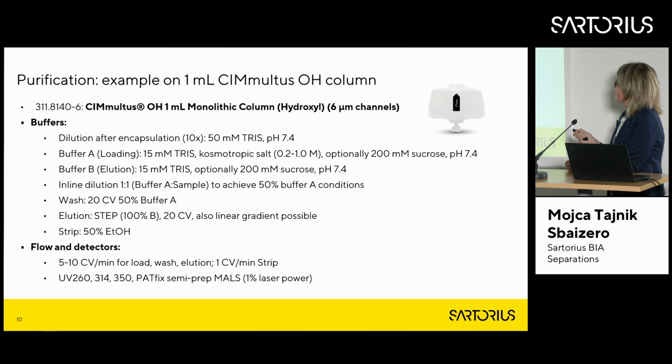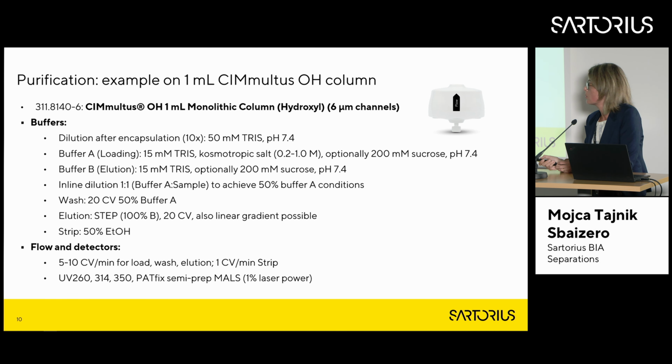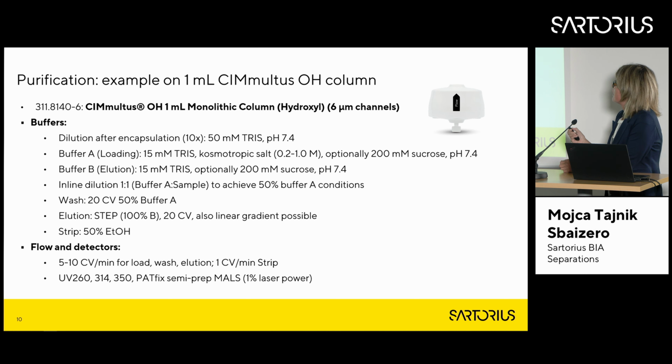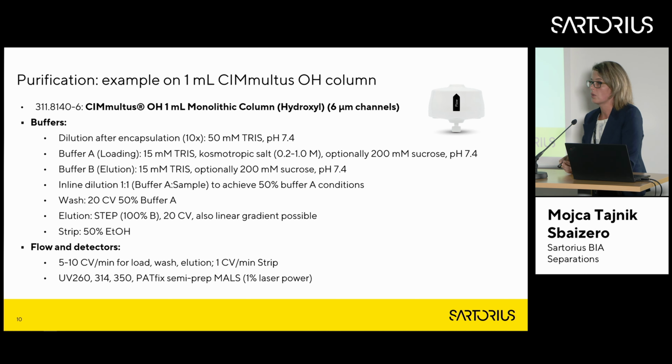Then it's important that for loading on the HIC column, you need to put some salt in the sample. We use different kosmotropic salts and different molarity. This is one thing you need to define during the process development. You can add additives, and the chromatography performance will not be affected much by the different additives you want to add in the final buffer.